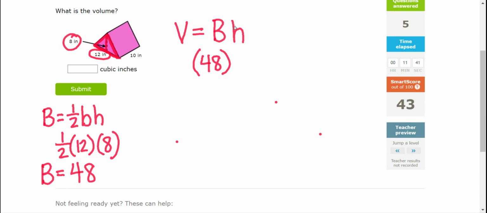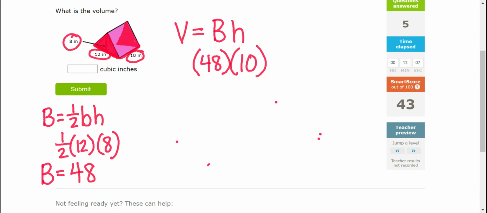So height on a triangular prism is just going to be the distance from triangle to triangle. So there's this triangle right here, and then there's this triangle on the back. I just want the distance between those 2 triangles, which is going to be this value right here, 10. So for the H, I'm going to plug in 10.